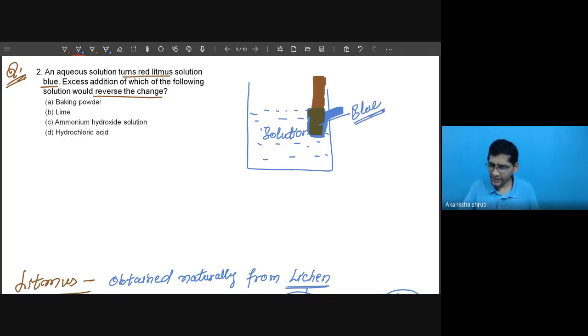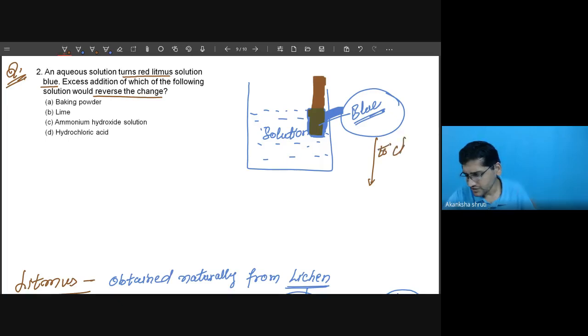Now we want to change this back into red. Students, keep in mind what can be concluded from this. This solution turns the red litmus into blue.